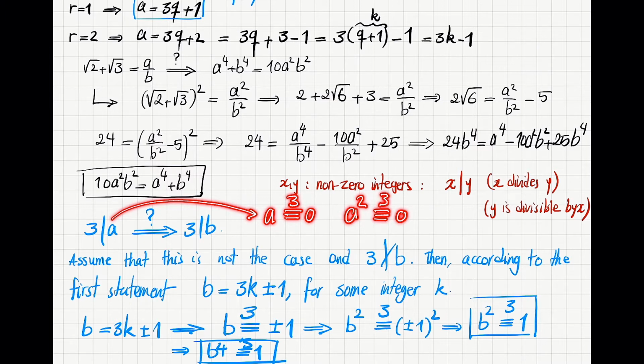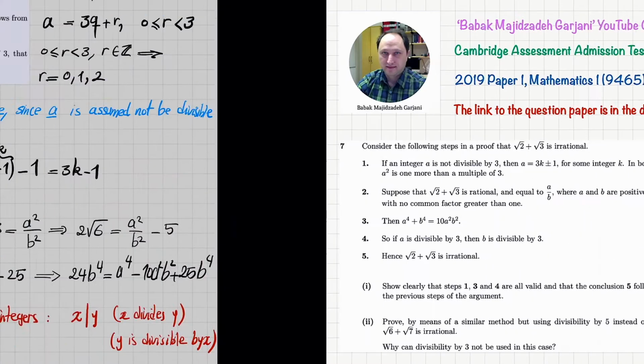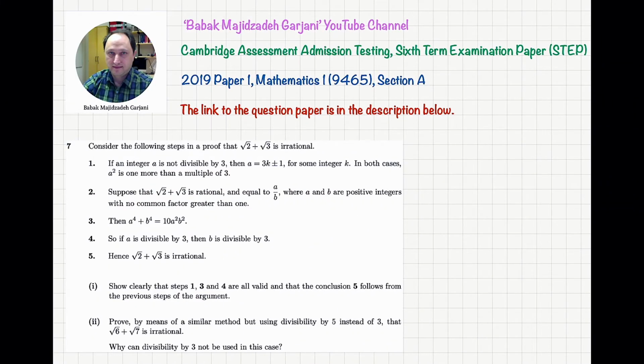Okay, so remember these things. I need to go to the next page now. So what do we have? We have 3 divides A, so A is congruent to 0 modulo 3. So A squared is also congruent to 0 modulo 3.